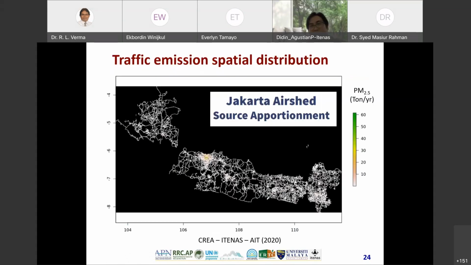And of course, if you would like to utilize the emission inventory data for various purposes, for example modeling applications, then we need to have spatial distributions of the emission. This is the example for PM2.5. Using OpenStreetMap, we can allocate the traffic emissions following the road networks in the area.